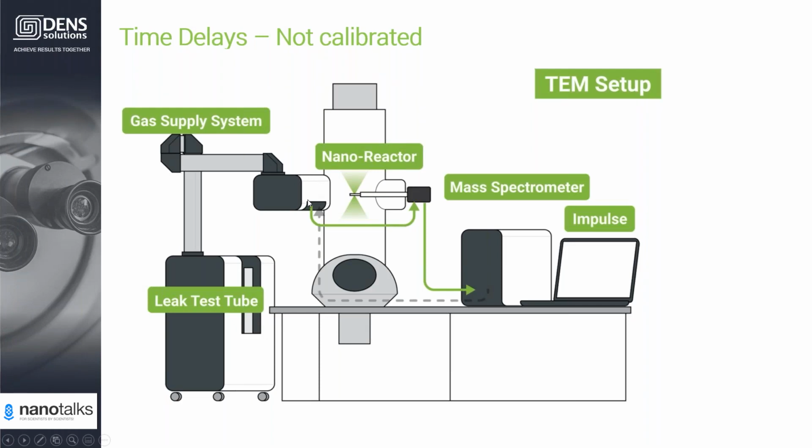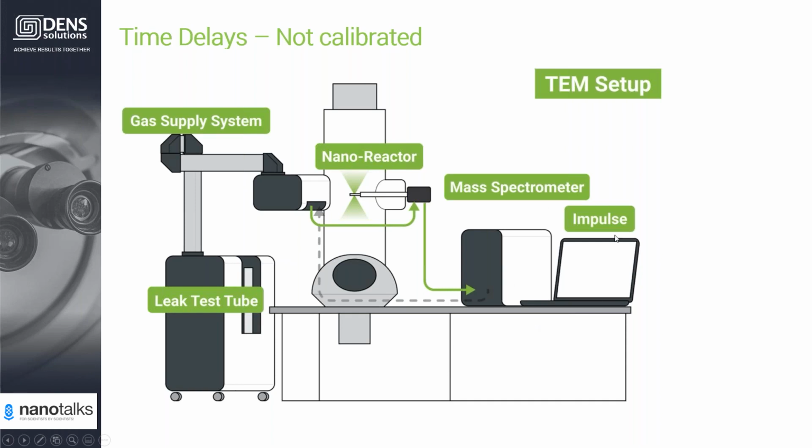The gas will travel from the gas supply system to the holder, to the mass spectrometer, and back to the gas supply system. This is like a person traveling from position A to position B. It takes time to travel.